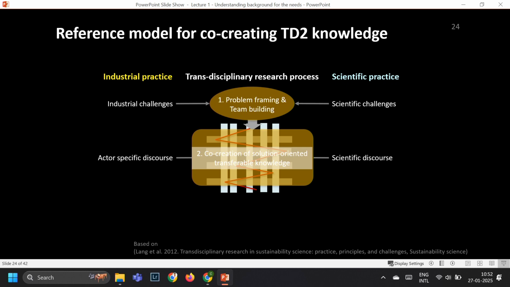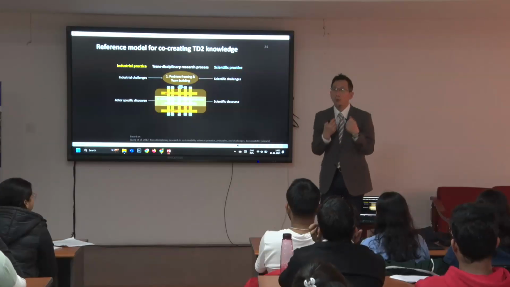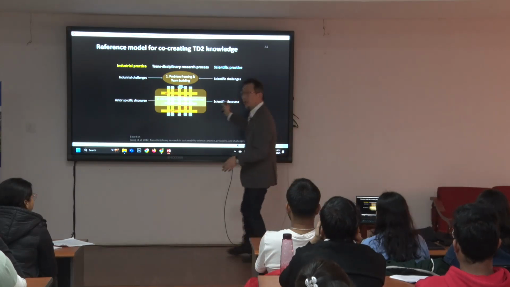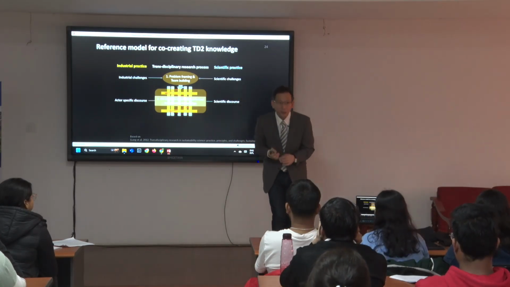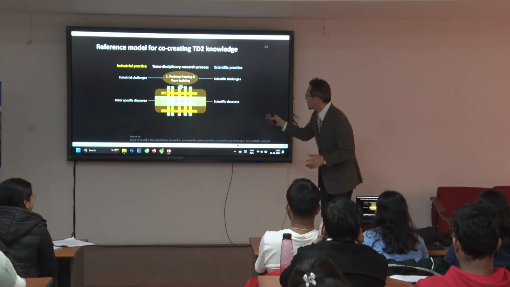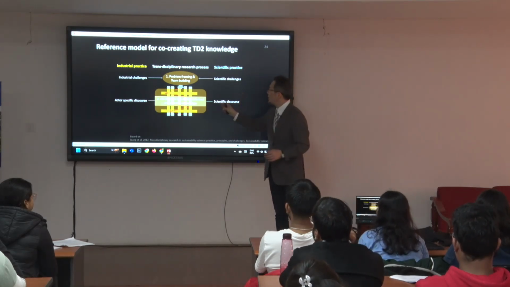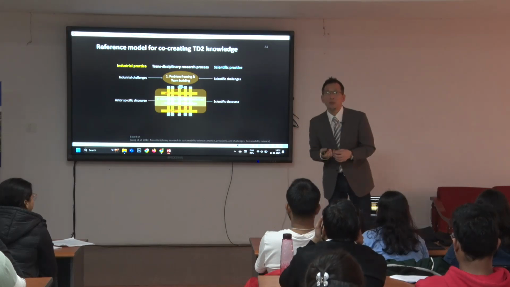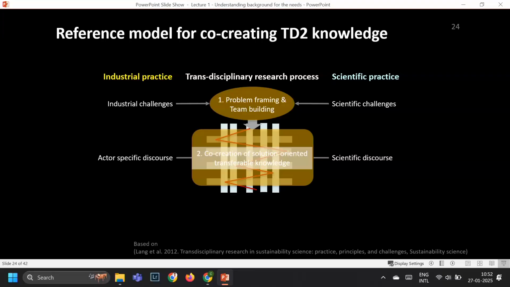Often the balls come back and forth between the two sides. The reason is quite obvious, because each side has its own mission, has its own motivation. So they are different. So the collaboration is not easy. But that is why this process is so interesting, creating an opportunity to create new knowledge and also new solutions.